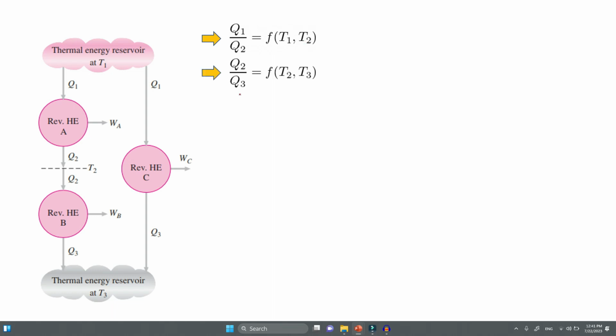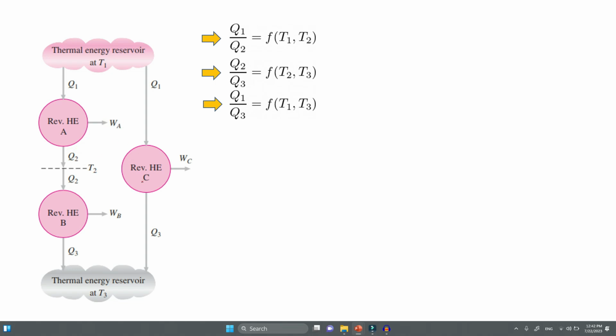And Q2 by Q3 is equal to a function of T2 and T3, and likewise Q1 by Q3. So this is a thermal energy reservoir at T1. You have a reversible heat engine A working between two temperature reservoirs that takes in heat Q1 from T1, rejects Q2 at T2 and produces work.